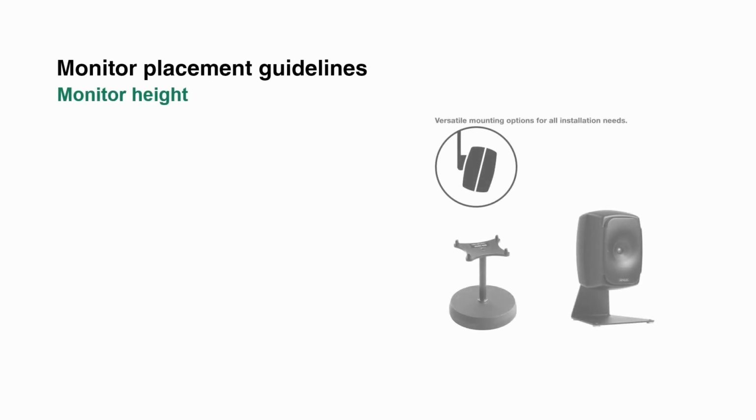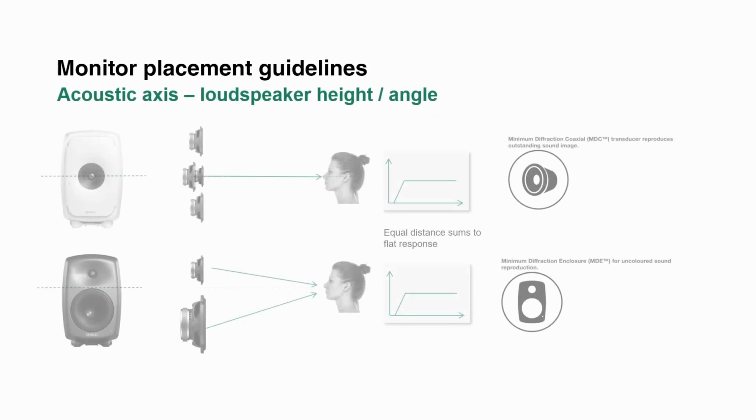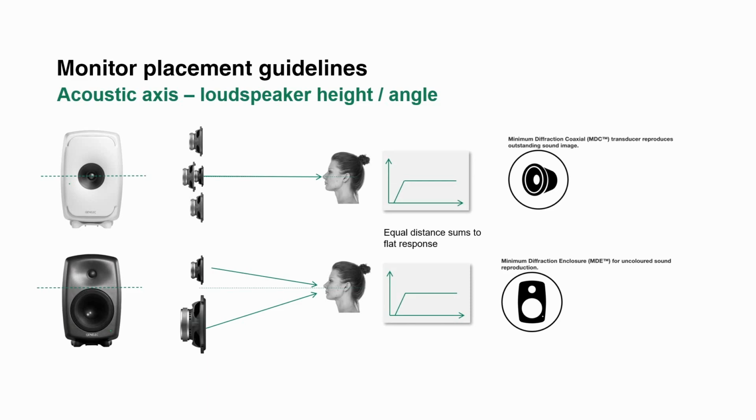If we're working on a desktop, it's often a good idea to be able to raise the monitors up. Again, typically trying to get the acoustic axis towards the ear height. One key consideration is understanding where the acoustic axis lives on a particular monitor. So with our three-way ones family, it's super straightforward.